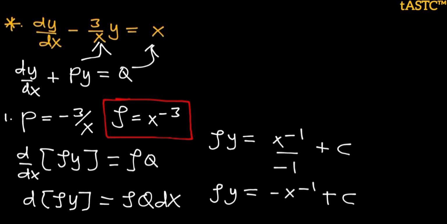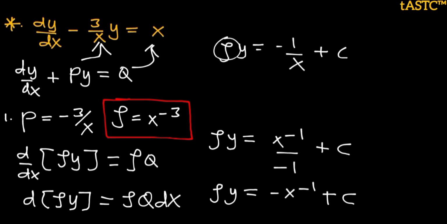Now from here we know that this is going to yield negative 1 over x, because x to the negative 1 is the same thing as 1 over x. Well, you already have a negative in front of it, so that should give you negative 1 over x. So rho y is equal to negative 1 over x plus c.